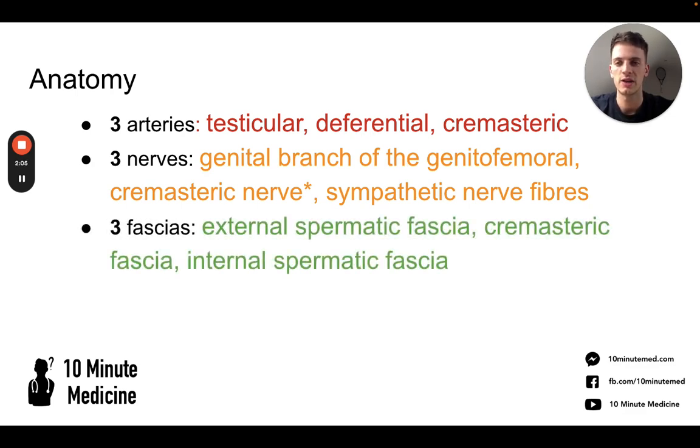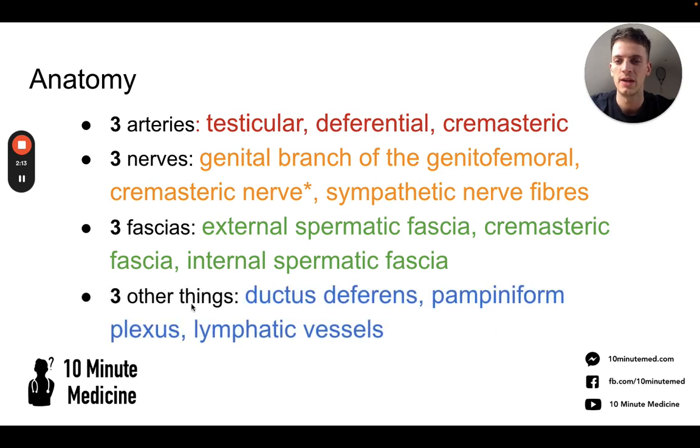And then three fascial layers: the external spermatic fascia, cremasteric muscle and fascia, and internal spermatic fascia, as we discussed. And then three other things: the vas deferens, the pampiniform plexus of veins, and the lymphatic vessels. So the way to remember all the structures in the cord going to the testis is 3, 3, 3, and 3. Take some time to learn those, especially for exams.